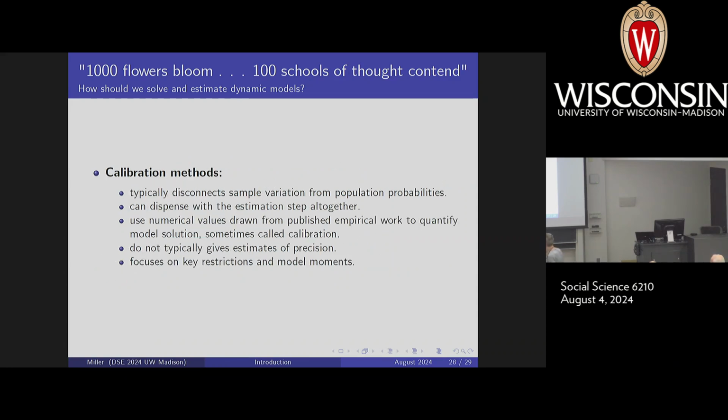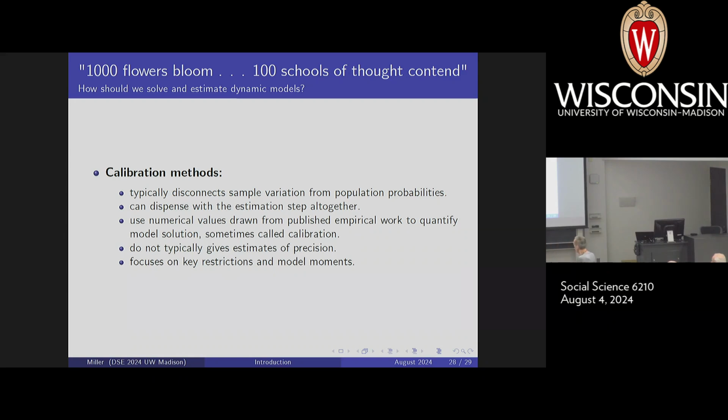Or you could go even further. You could say, why don't we actually disconnect the sample variation from the population probabilities? And it's like, in my class at Carnegie Mellon, I would shudder. But here, you need to be a little bit more diplomatic.